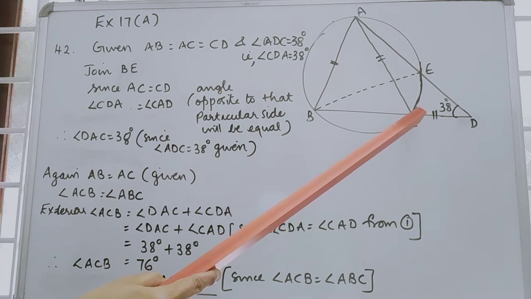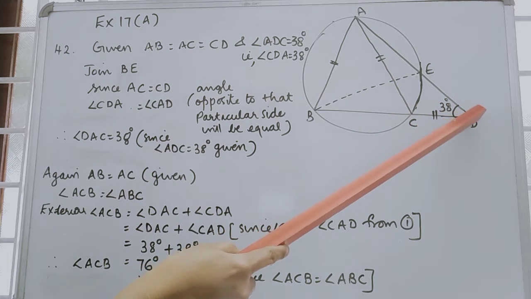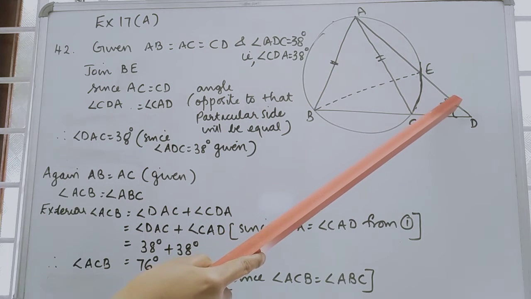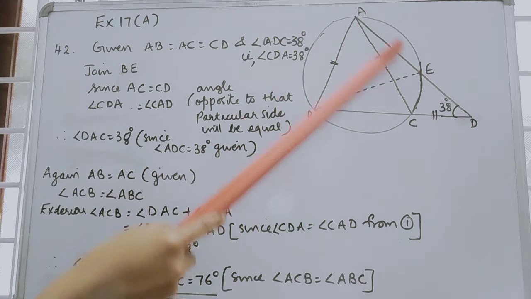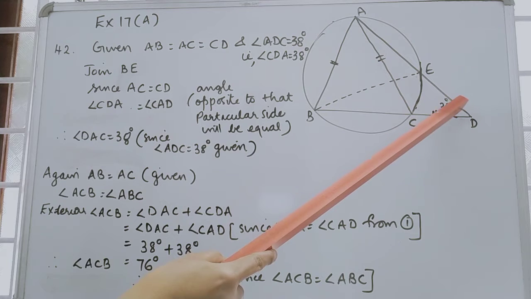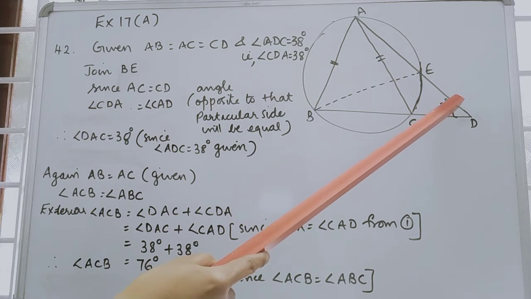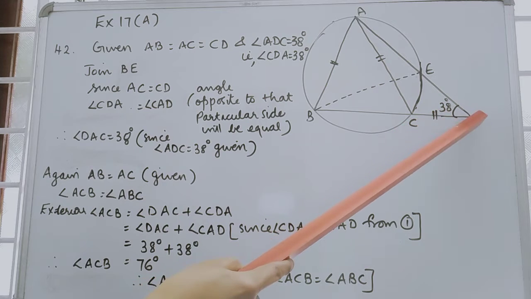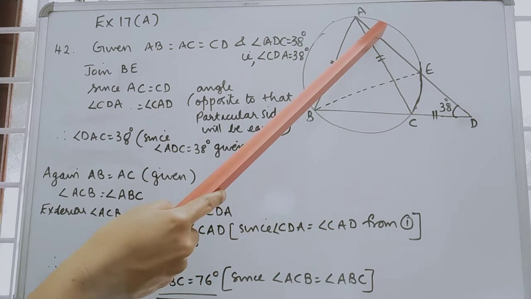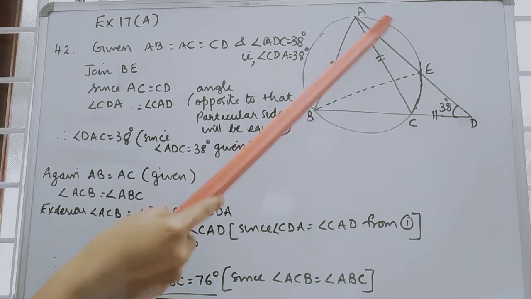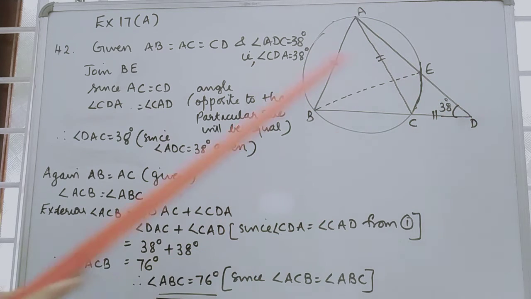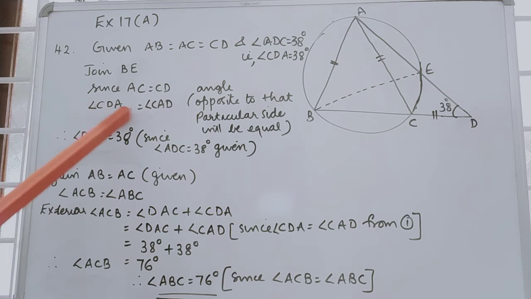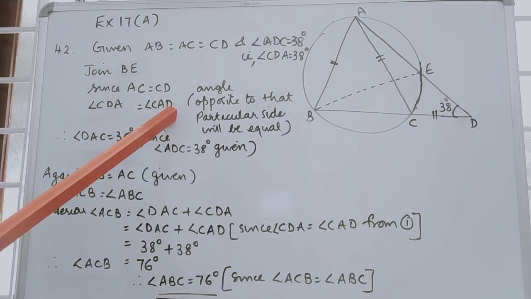Opposite of AC is angle D, and opposite of CD is this angle A, that is CAD.